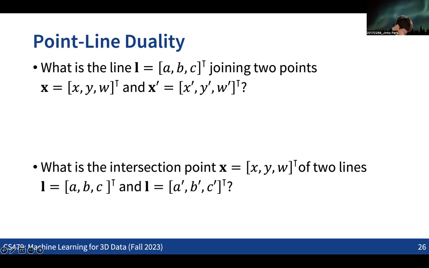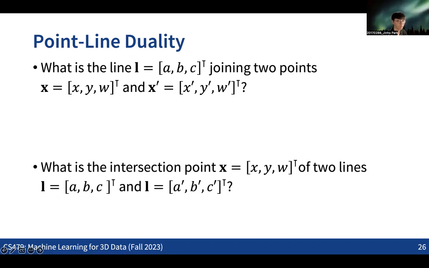What we know is that if the point is on the line, the dot product of these two should be 0. So when you see each point and line as a vector in three-dimensional space, these two vectors should be orthogonal to each other, being some kind of embedding of the lines and points in the 2D space into three-dimensional space.